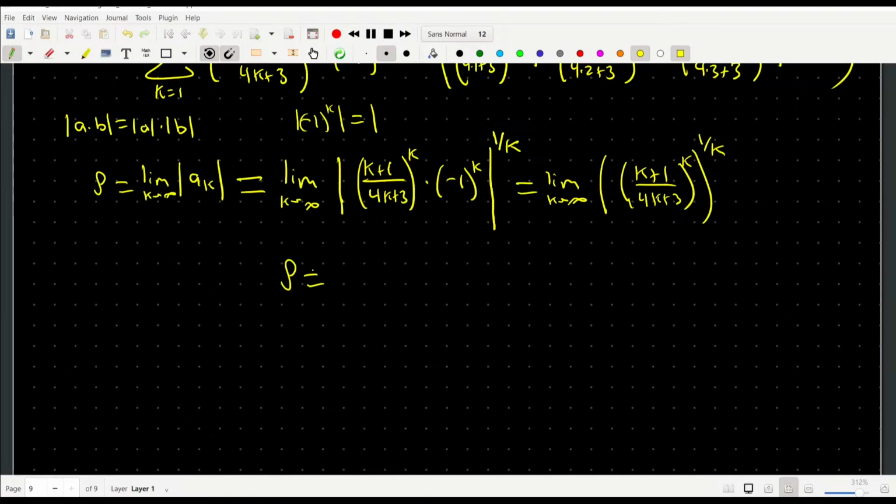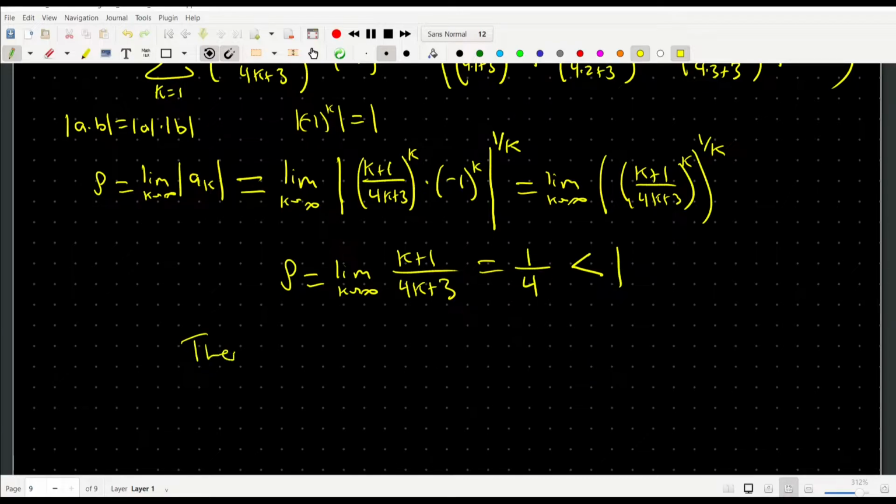So it's the kth root of this term. And so rho then is going to be the limit as k goes to infinity. The kth root of this to the k is going to be k plus 1 over 4k plus 3. One application of L'Hopital's rule will give us that this is equal to 1/4, which is strictly less than 1.